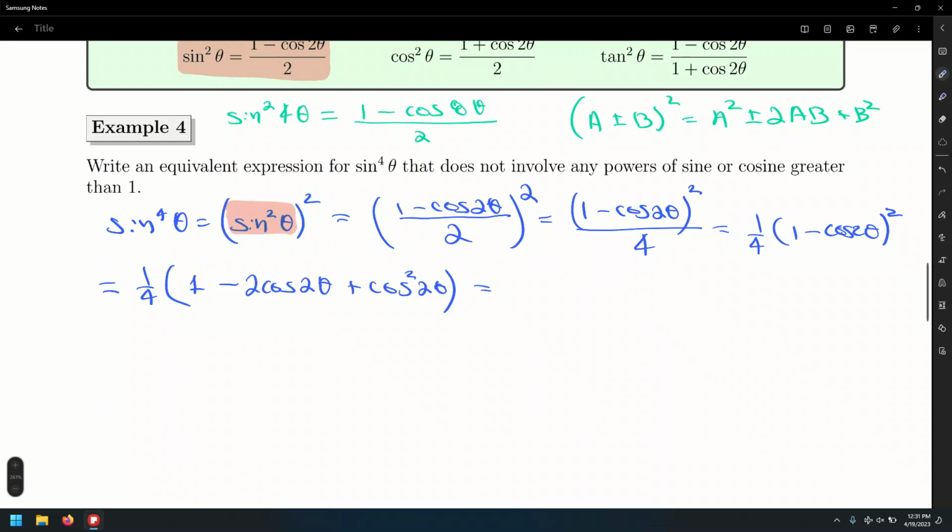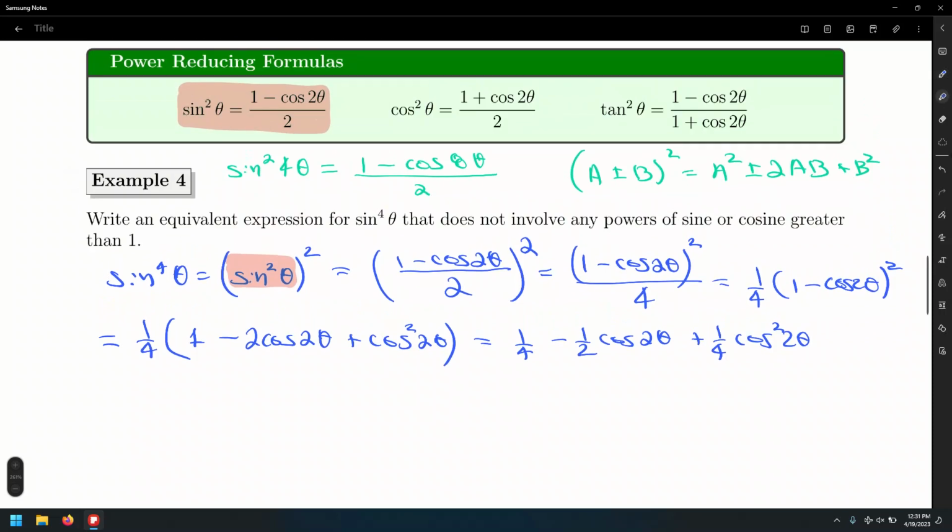So that's 1/4 times 1, which is 1/4. 1/4 times negative 2 cosine 2 theta, but check this out, 2 times a fourth is the same as 1/2. And 1/4 times cosine squared, that's simply 1/4 cosine squared 2 theta.